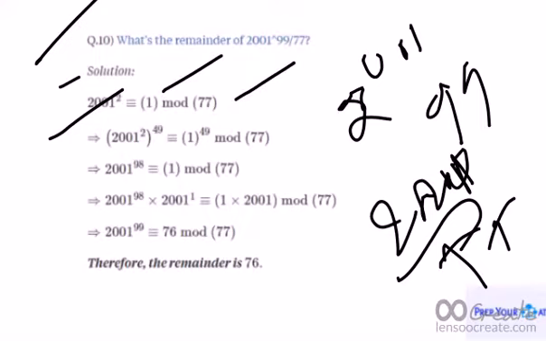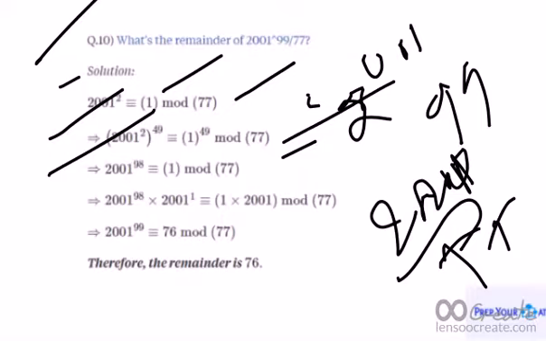Now raising to the power 49, that is 99 divided by 2, we get 49. Now raising to the power 49 on both sides, we get 1 raised to 49 mod 77. Now we get 2001 raised to 98 is congruent to 1 mod 77.